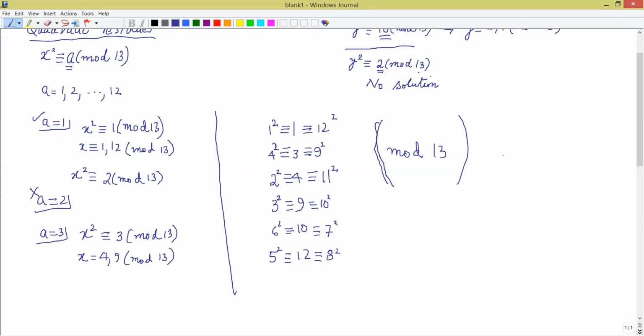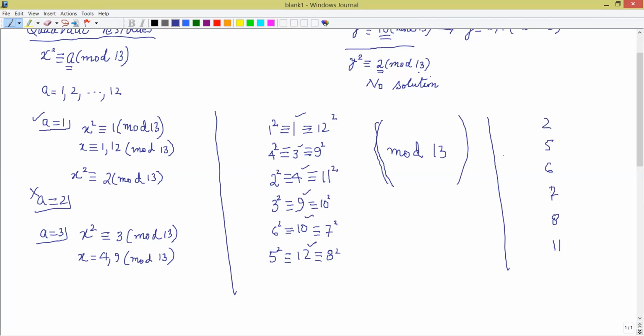So the quadratic residues are 1, 3, 4, 9, 10, 12. These 6 integers are quadratic residues of 13, and the remaining 6 are not quadratic residues of 13, which are 2, 5, 6, 7, 8, and 11.